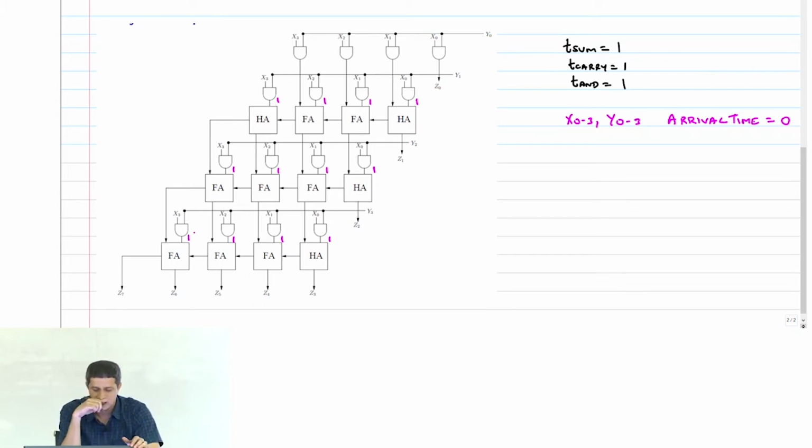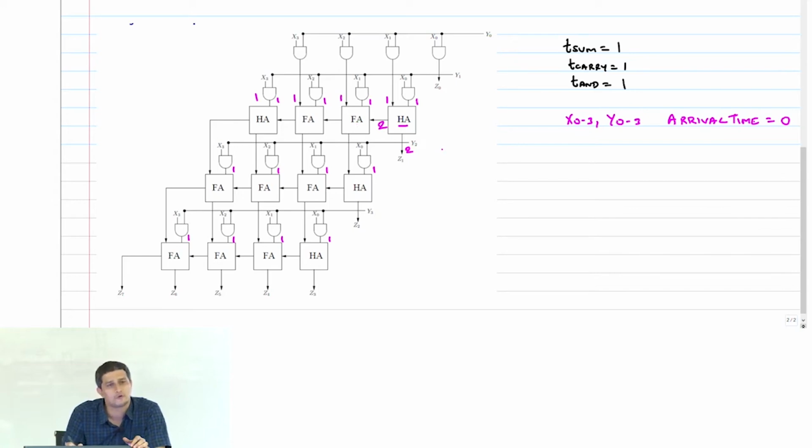What about the, of course, these AND gates also are the same. Okay. So now the first half adder, what is the arrival time for carry out? This guy. It's going to be 1 plus 1. This will be 2, 2. Right?